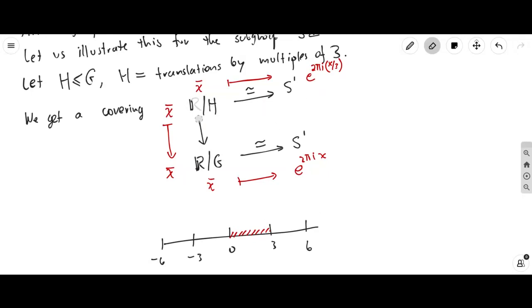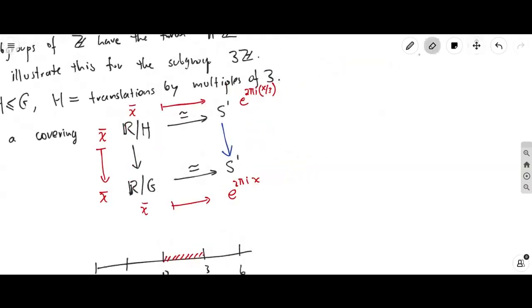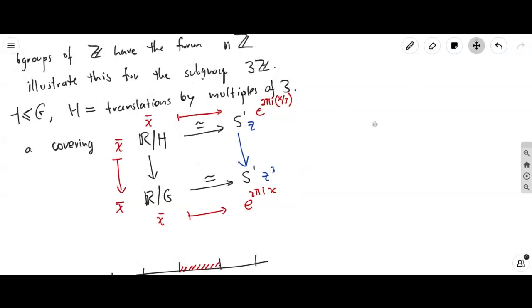Now, we can therefore convert, this is a covering, and now we just convert it to this notation so that the diagram commutes. So therefore, what is the correct mapping from the circle to the circle that will make this diagram commute? Notice what you're doing, this is 2 pi i x over 3, and this is 2 pi i x. So the correct mapping from the circle to the circle is you take your complex number z, and you just cube it, it's z cubed. So in the notation of the circle, you're just mapping the circle to itself by using the cubing map.